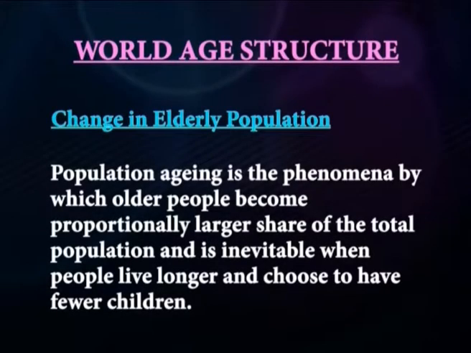Population aging is the phenomenon by which older people become a proportionally larger share of the total population and is inevitable when people live longer and choose to have fewer children. Not surprisingly, therefore, patterns of declining fertility and mortality over the past 2 decades have led to significant shifts in the age structure of the world's population.